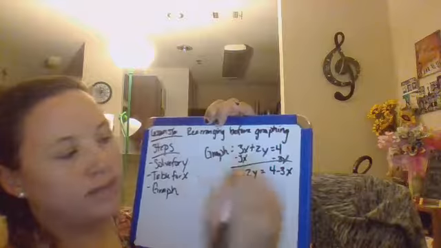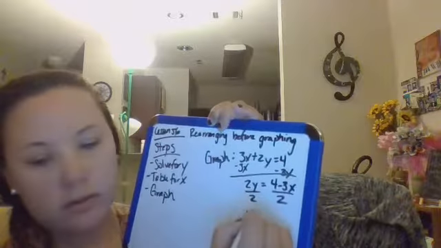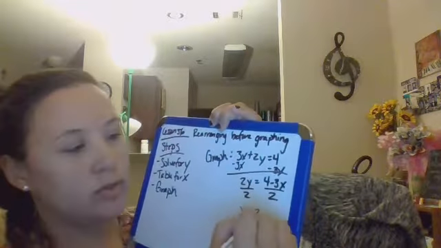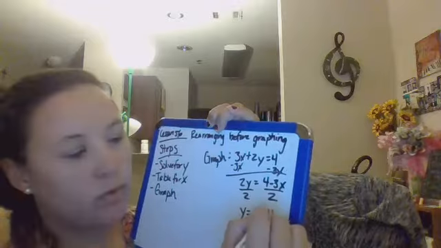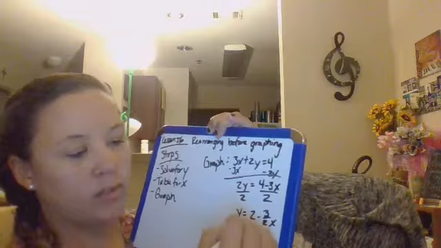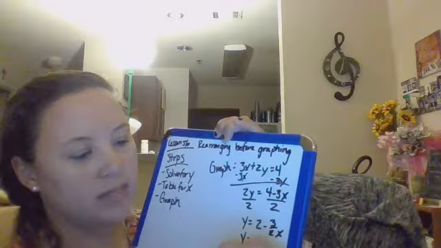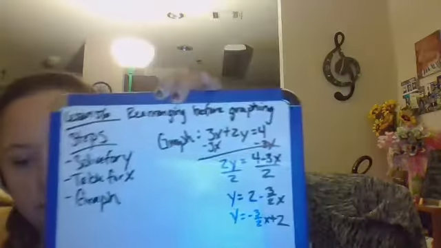Then y is still not by itself because of the 2, so we divide all by 2. So y is going to equal 2 minus 3 over 2 x, or we can rewrite the equation as y equals negative 3 over 2 x plus 2.